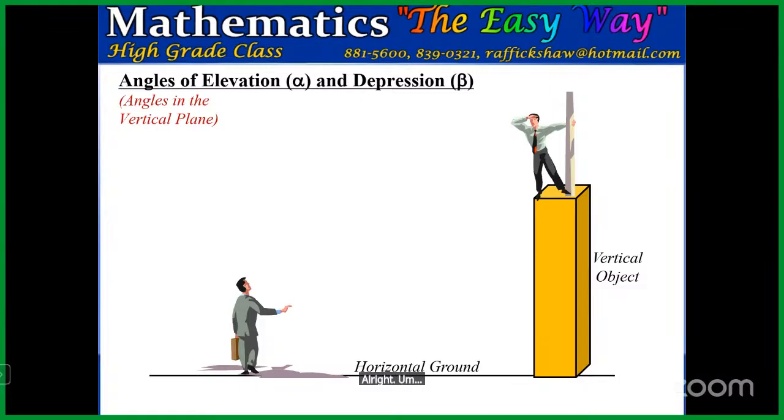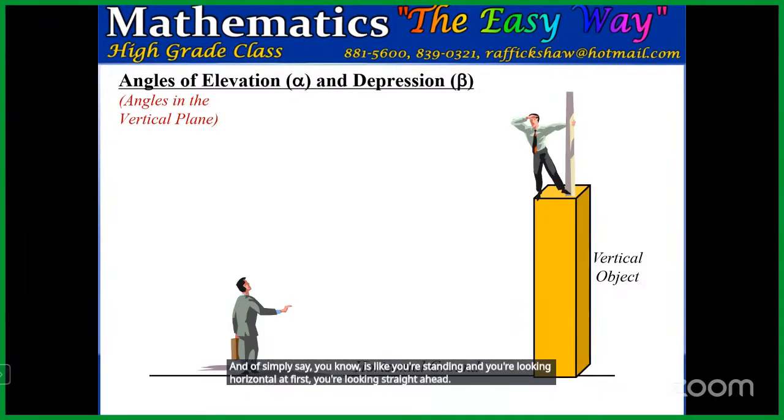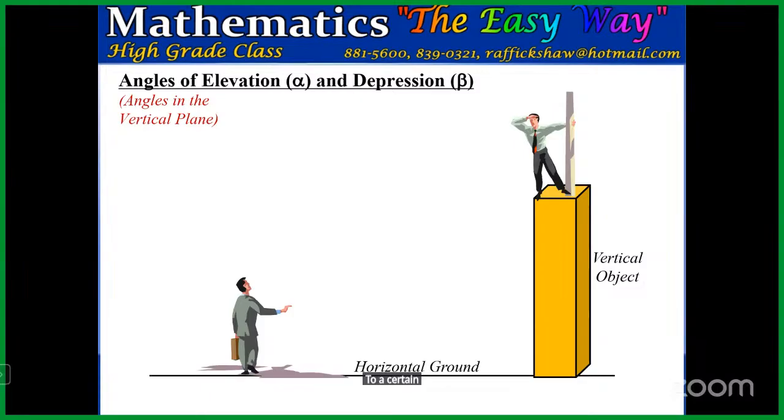Depending on which textbook you read, the definition might vary a little bit, but I want to keep it simple. It's like you're standing and looking horizontally first, straight ahead. And then you have to look up at the top of a building, for example. You're going to have to lift your head to a certain angle. So your line of sight is now elevated above the horizontal.